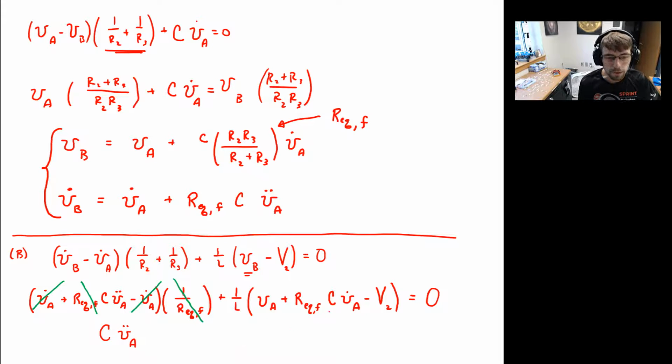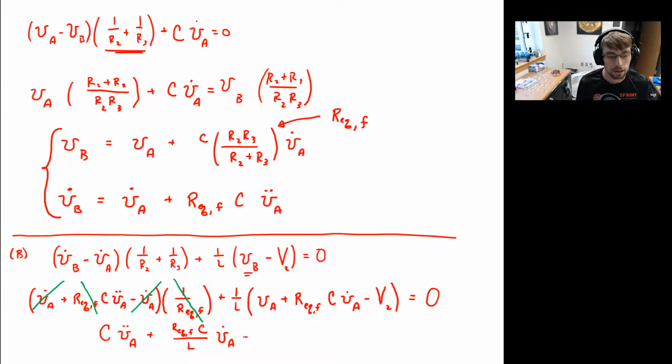And now we have some other stuff here. So we have plus, I'll go ahead and put it in order of differential terms. So I've got my double dot term. The next one I'm going to write is my single dot term. So what I have here is REQ final times my capacitance divided by my inductance, VA dot.